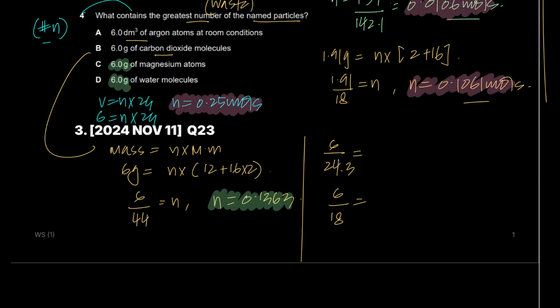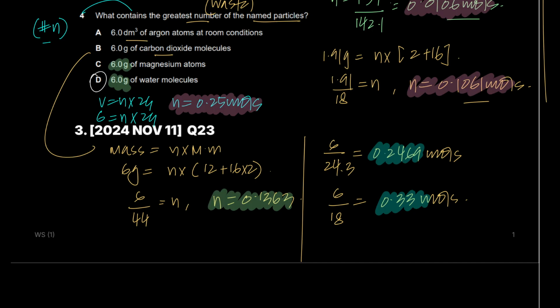So 6 divided by 24.3, you get 0.2469 moles. And 6 divided by 18 was 0.33. So which of these is the highest number? Is 0.25 the greatest number, 0.13 is the greatest number, 0.24 or 0.33? It's 0.33 obviously. So D is the correct option.